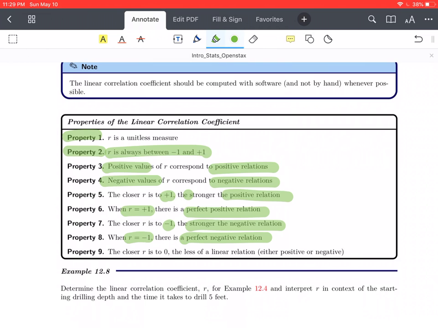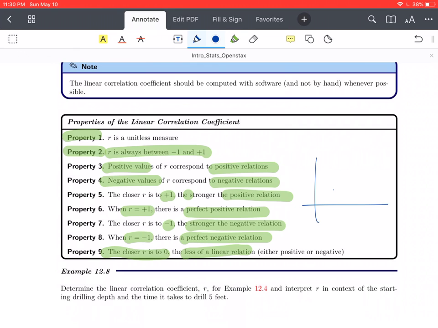And the closer it is to 0, the less of a linear relation there is, either positive or negative. Okay, so R will always be between -1 and 1. The closer it is to 0, the weaker the relationship. Okay, but the closer it is to +1 or -1, the stronger the relationship. Right? So like in the examples I was just drawing.